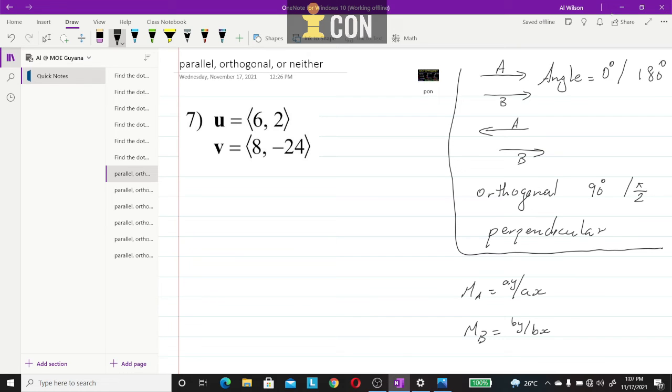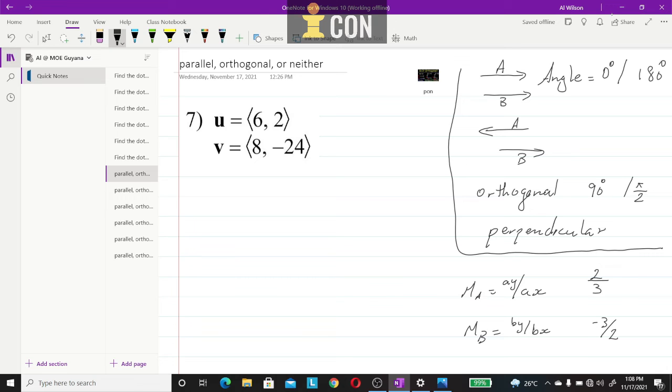Something to understand: let's say we have 2/3 here and minus 3 over 2. What this generally means is if we have the negative reciprocal, then it's orthogonal. That's exactly what we are doing. If we have the negative reciprocal, it's orthogonal. And if the slopes equal one another, then they are parallel.